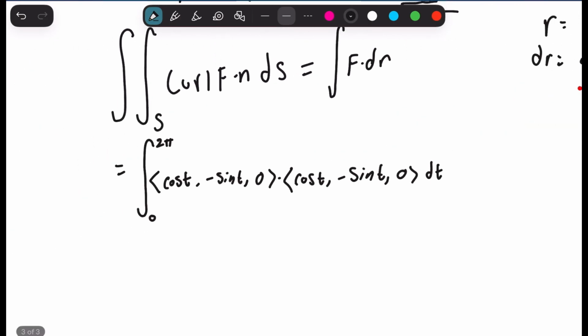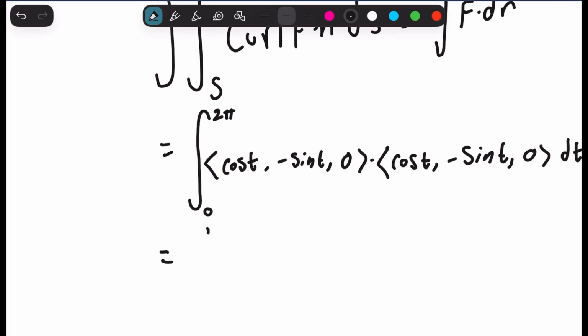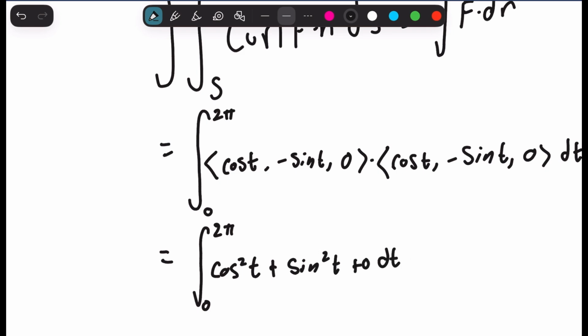Now we can do our dot product, which gives us the integral from 0 to 2 pi of cosine squared t plus sine squared t plus 0 dt.